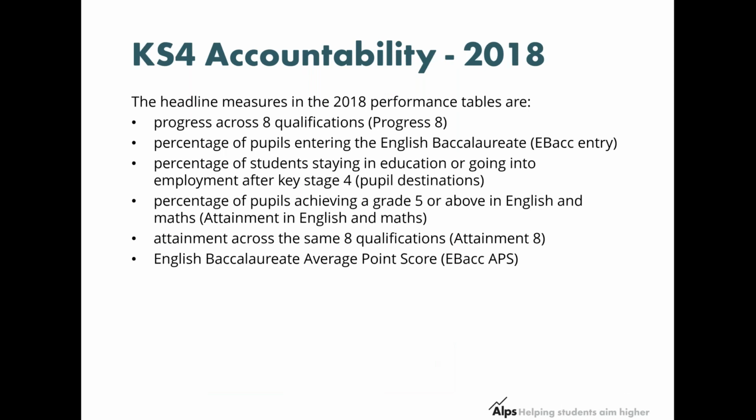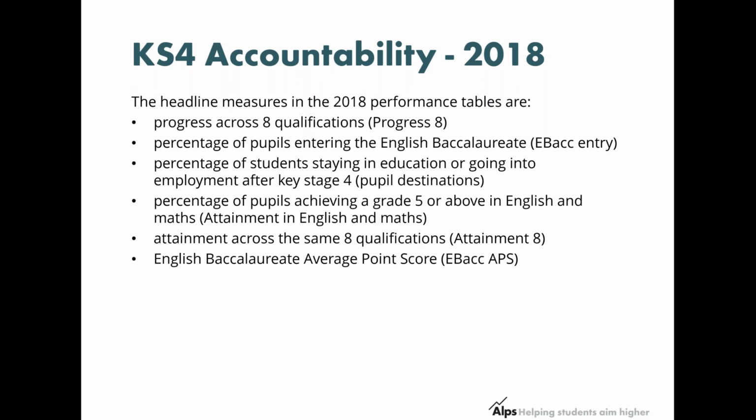Now, I am going to say right from the outset, Alps is not and never has been a set of measures that remotely tries to replicate these accountability headline measures. Never has done at Key Stage 5, and nor does it do it at Key Stage 4. So you will not get a dashboard from an Alps report that has Progress 8 numbers. Why not?